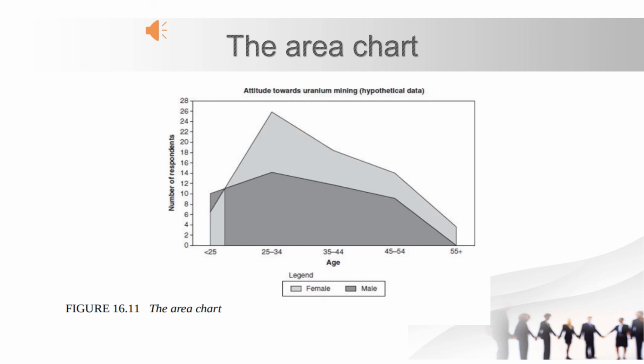You can do that. There is age on the bottom, and on the left side there is the corresponding number of respondents. This is to check the attitude towards uranium mining in a hypothetical data. As you can see, the color for female is light gray, and the dark shade is for males. So this is an example of an area chart.